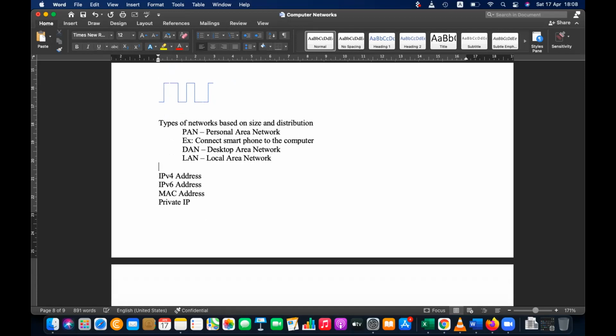I have already given the notes, but just to remind you: what is a local area network? A network within a single geographical area. You should remember this. A network within a single geographical area. Example, it can be within a building.